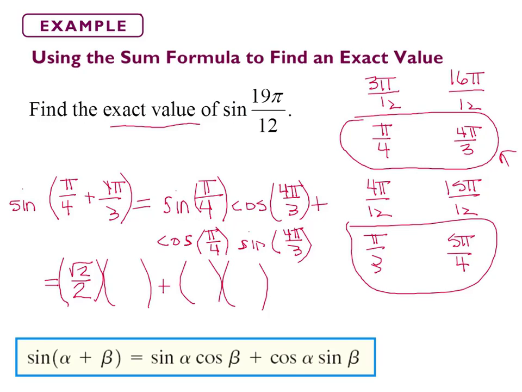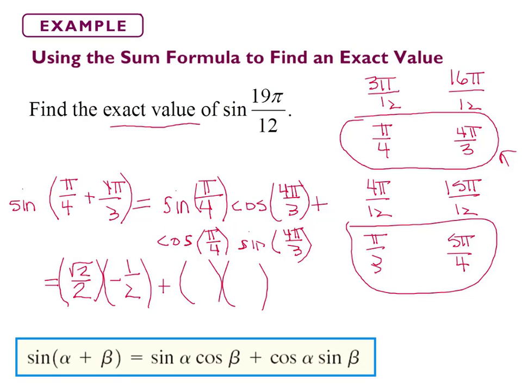So what quadrant is 4 pi over 3 in? 3. Good. So if it's in quadrant 3, what's the reference angle? Pi over 3. You're right. And then what is the cosine of pi over 3? Yep. So it's minus 1/2.